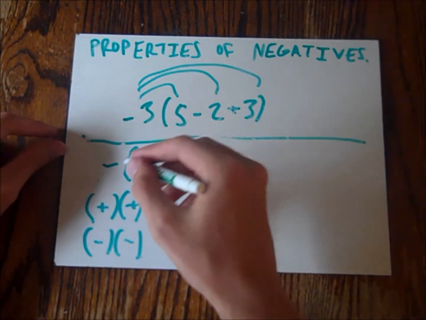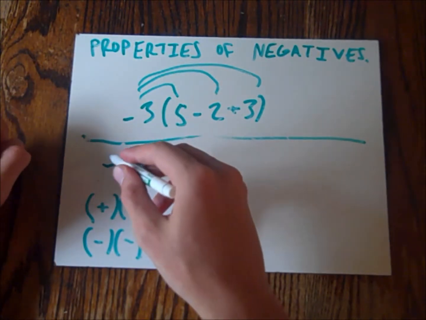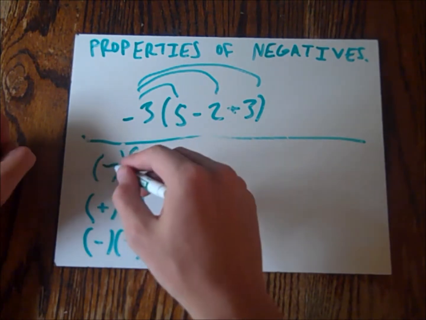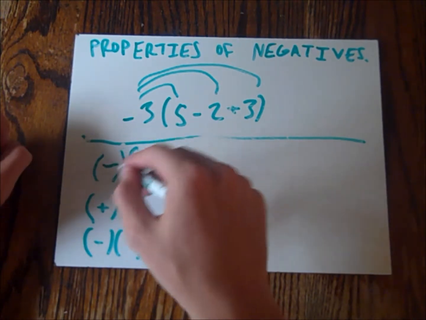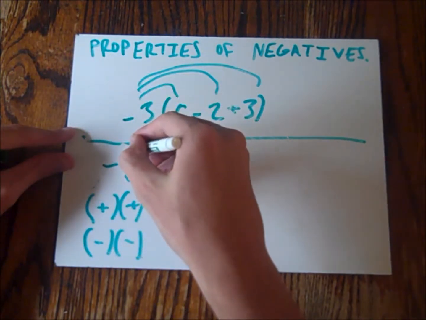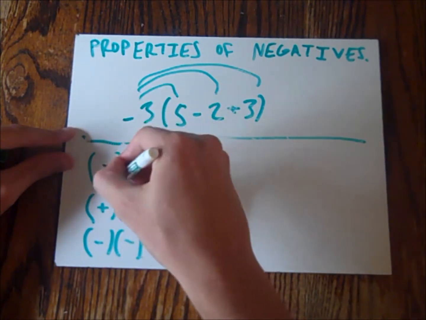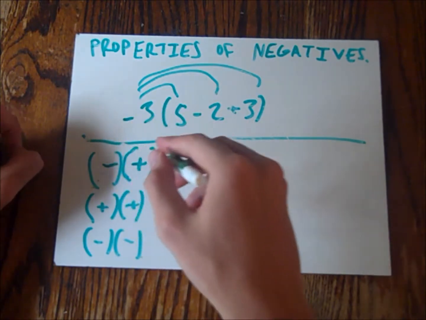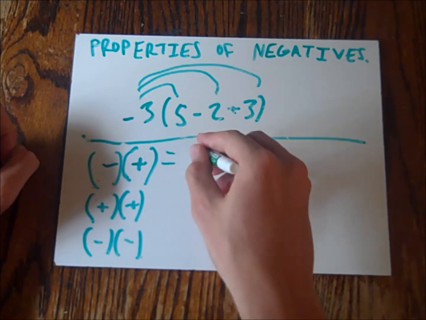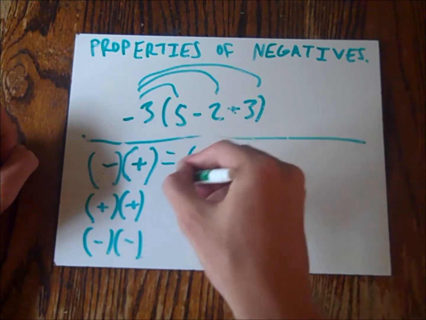So let's begin. This represents a number, so I put parentheses around it. This means they're being multiplied. You don't have to have parentheses. So a negative number times a positive number equals what? Well, it equals a negative number.